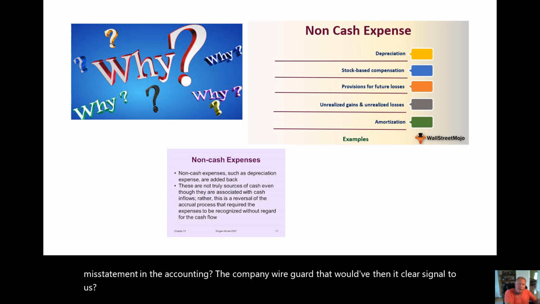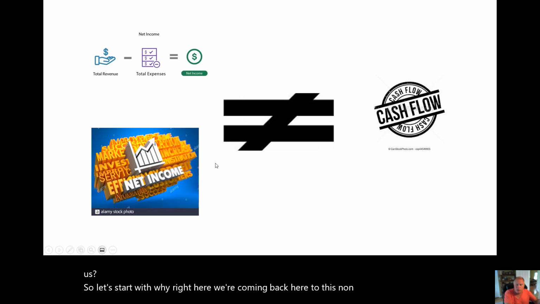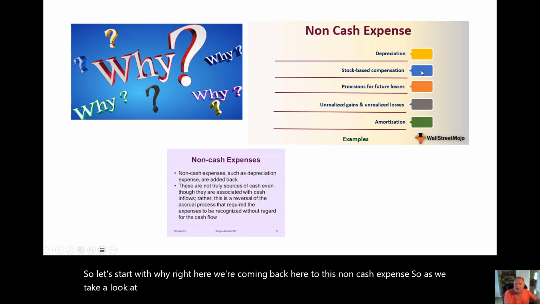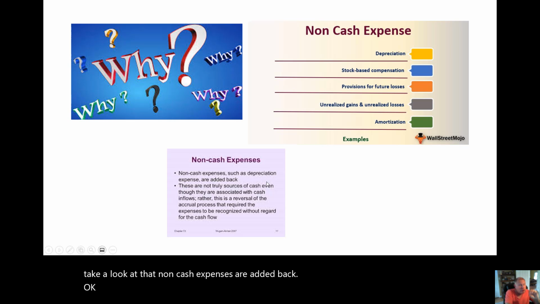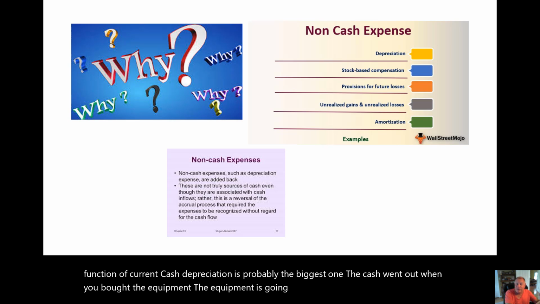So let's start with why, coming back here to non-cash expenses. As we take a look at that, non-cash expenses are added back. Okay? They're expenses, and they're true expenses, but it's not necessarily a function of current cash. Depreciation is probably the biggest one. The cash went out when you bought the equipment, but the equipment is going to last and provide benefit to a company over a period of time.